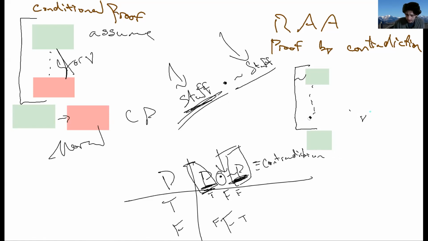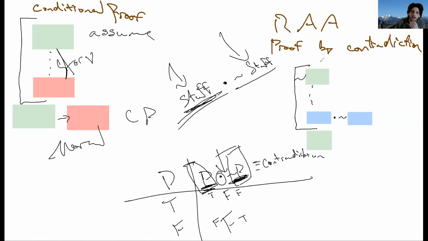So instead of absurdity right here, we just want anything of the form stuff and not stuff. This doesn't even have to be related to what you started with. It just has to be anything that has this form of stuff and not that very same stuff.